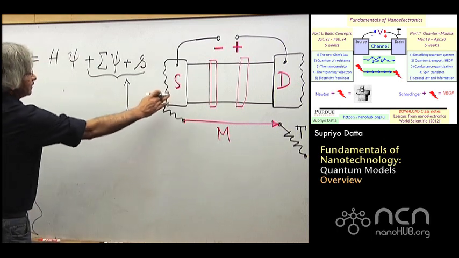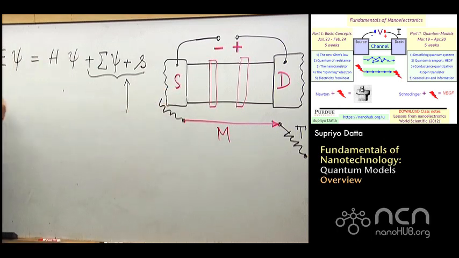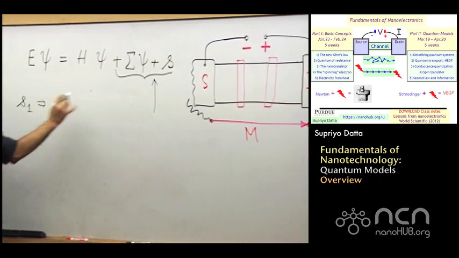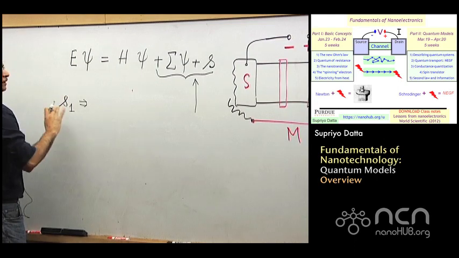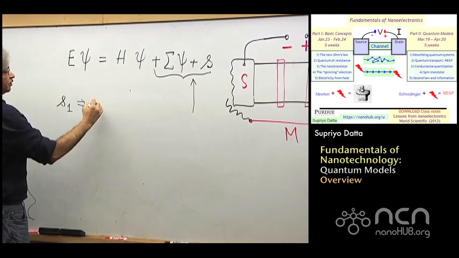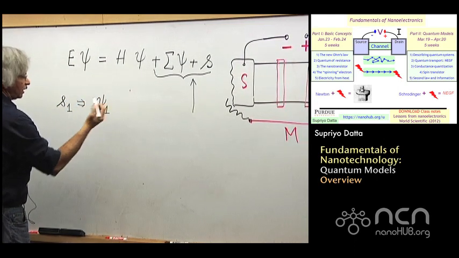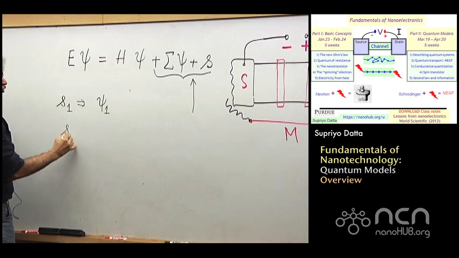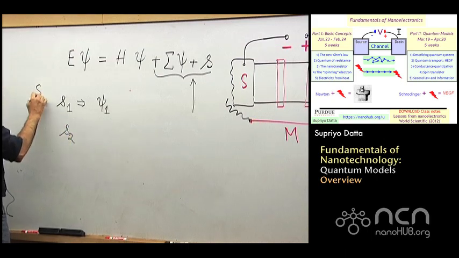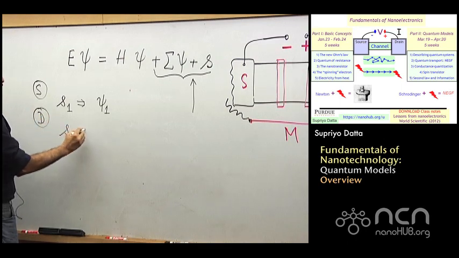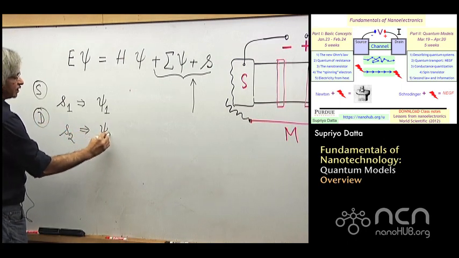So let us say electrons come in from the source, which gives you a certain S, and that we call S1. As a result, you get a wave function that we call psi1. And then you have a source 2 due to the drain. So this is the source contact, that's the drain contact. And you have another S2, which gives rise to a certain psi2.